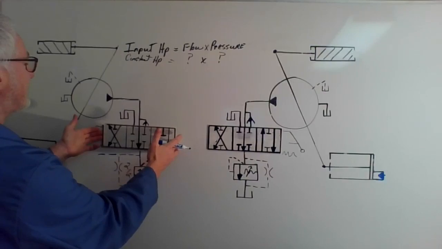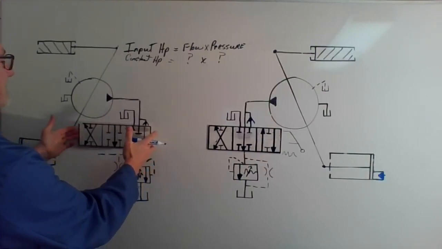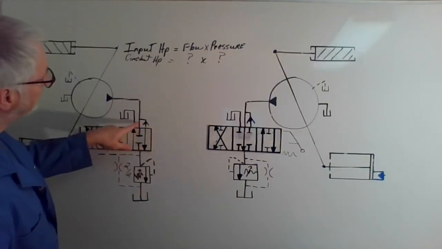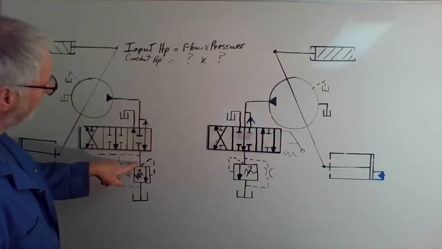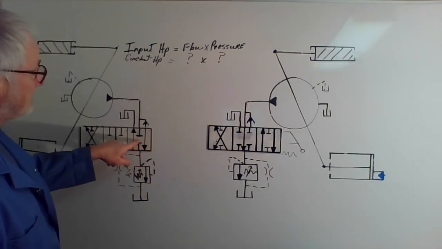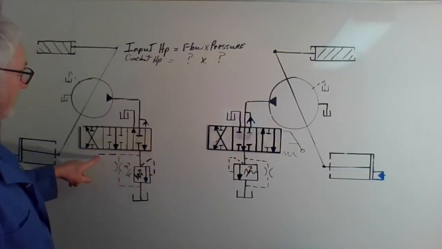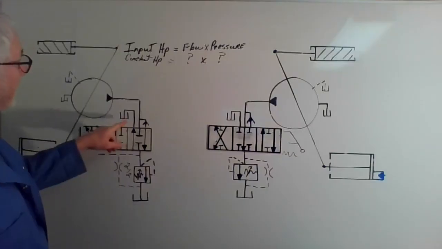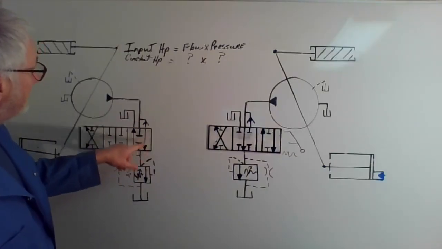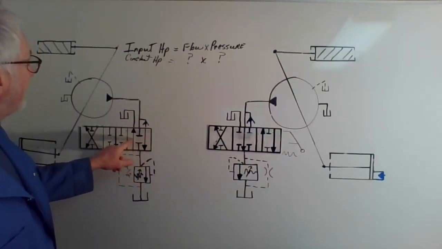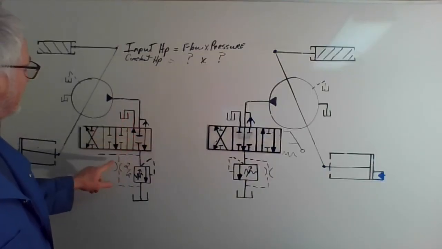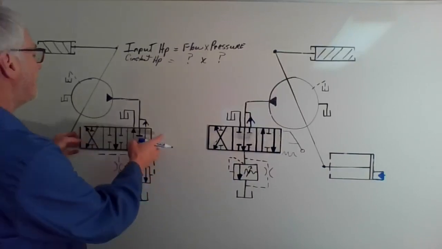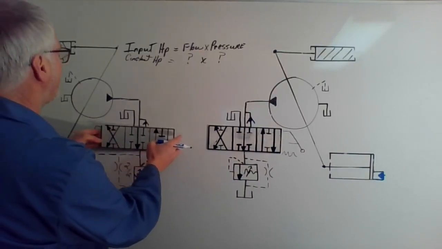But as soon as I move the DCV, and I'll just move it this way, we should be able to see that the oil that was going to this valve is blocked. And in fact, any pressure that would have been in here is gone. It just bleeds off. And now the oil goes to an actuator out work port A and comes back from work port B to go into the tank. So whatever pressure was here is gone, which means I can use this valve.